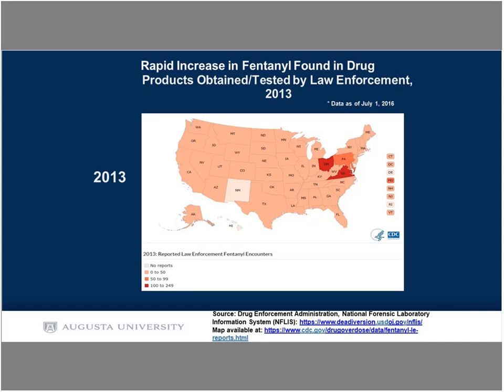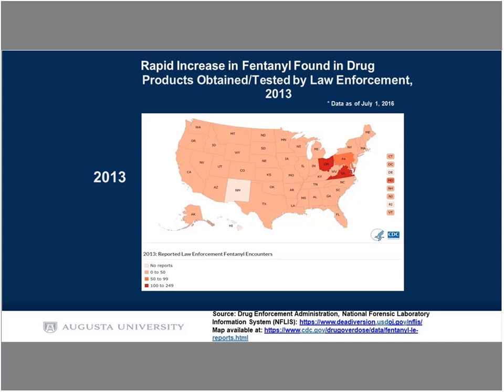So this is 2013, and you'll see this is the number of drug products that were tested by law enforcement that were found to include fentanyl. And so it's relatively minor in the U.S. in 2013. It's primarily concentrated in Ohio, Virginia, and Pennsylvania, where they found anywhere from 50 to 250 drug products contained fentanyl.